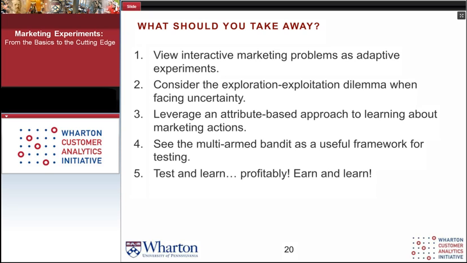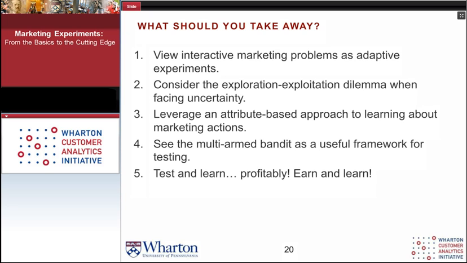That's this notion of an explore versus exploit dilemma. And it's well known in a lot of literatures, from statistics to operations to economics and computer science, something known as the multi-arm bandit framework. We'll get into this in detail in a couple of minutes, but it's a stylized version of the following. Suppose you're a gambler and you walk into a casino and you look at several slot machines.